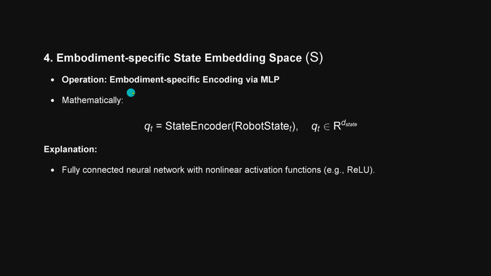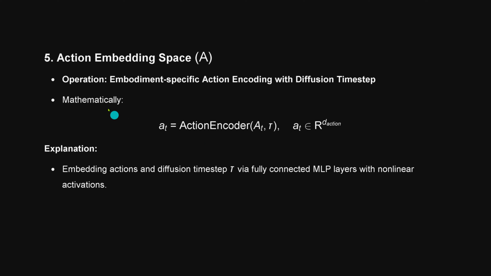Then, for the embodiment-specific encoding via the simplest MLP, a fully connected neural network with a nonlinear activation function, ReLU, or whatever you like. Action embedding space, almost as simple as the other one, embedding the action and the diffusion time step with fully connected MLP layers with nonlinear activations.